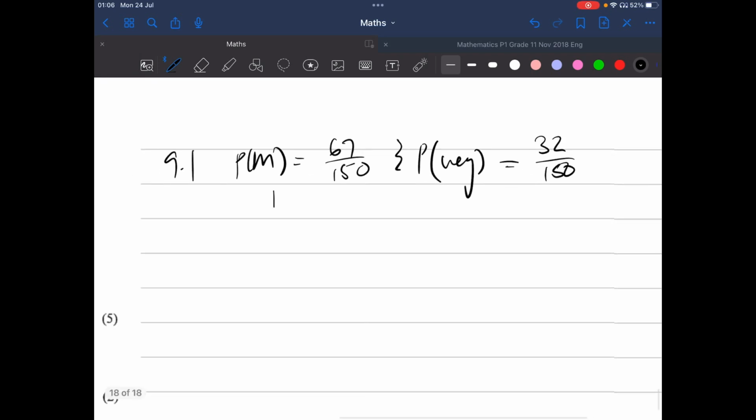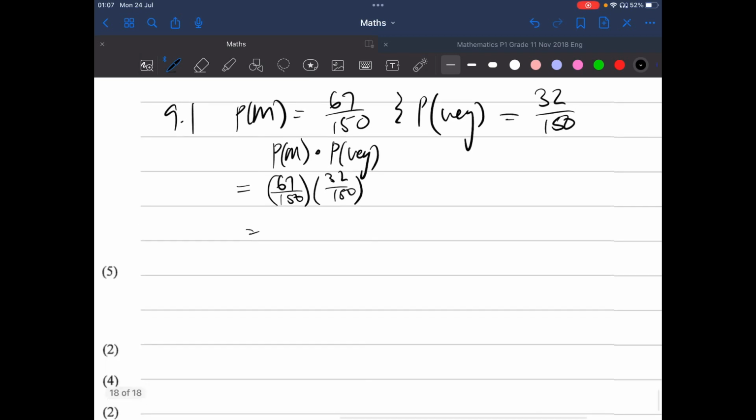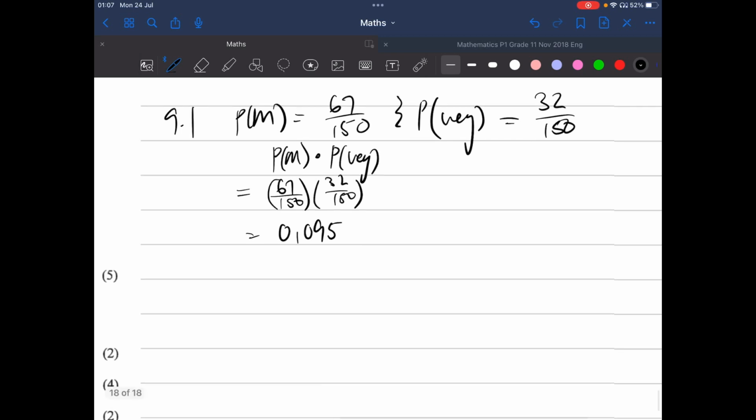Now the product of those two, the probability of being male times the probability of taking a vegetarian snack, was 67 over 150 times 32 over 150. Let's simplify that. Using my calculator, that gives us 0.095.